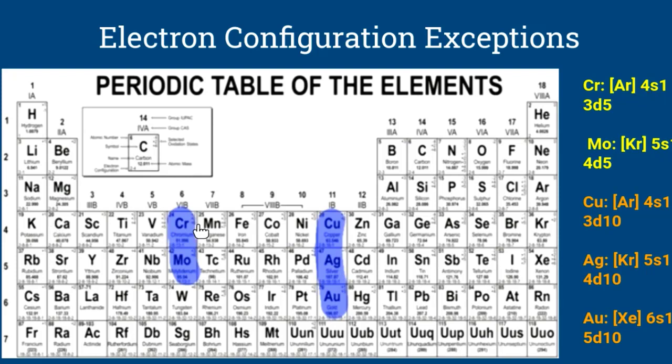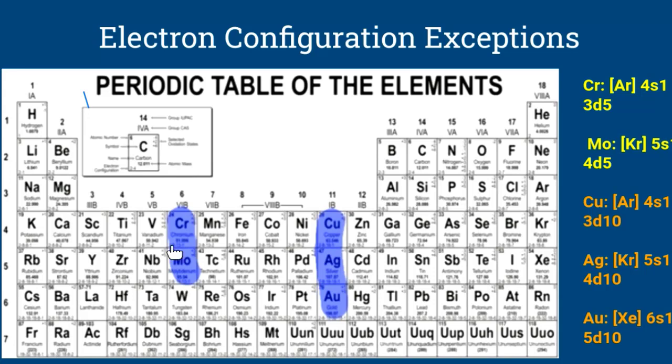The same concept applies to molybdenum. Normally we would expect the electron configuration to be 5s2 4d4, but one of the electrons from the 5s shell moves up into the 4d shell, making it 4d5.